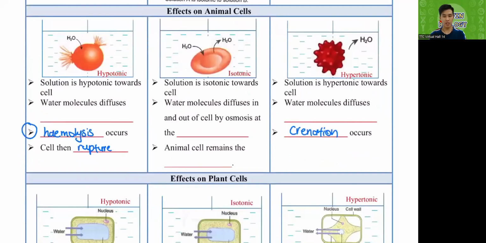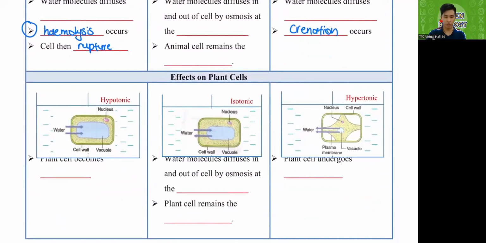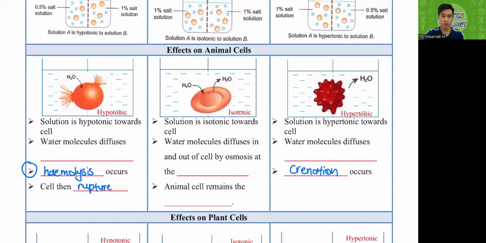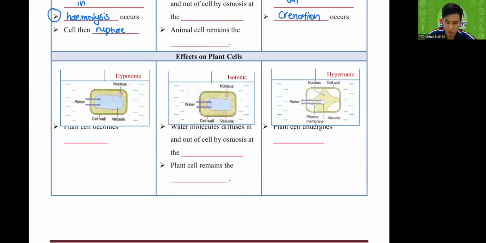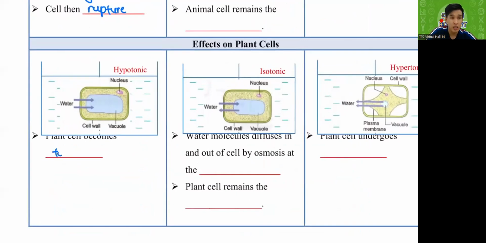Okay. Then for plant cell, yeah, here, sorry, cannot see. Plant cell become what? So if it's plant cell, right, these two will be the same. Hypotonic, water diffuses in, this one's in, this one's out. Same thing. Then it will become, yeah, plant cell is turgid. We learned plants earlier in Form 5. We always say turgid here.